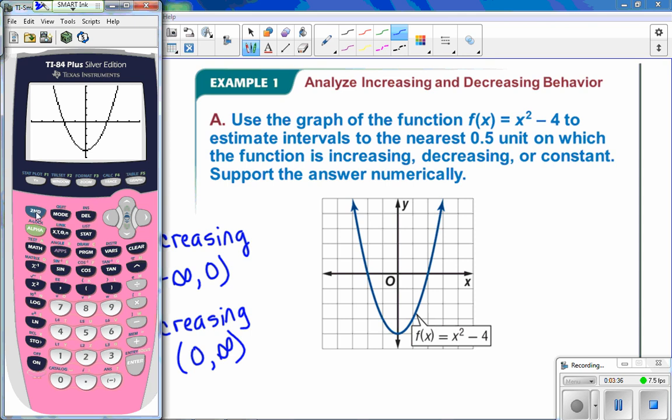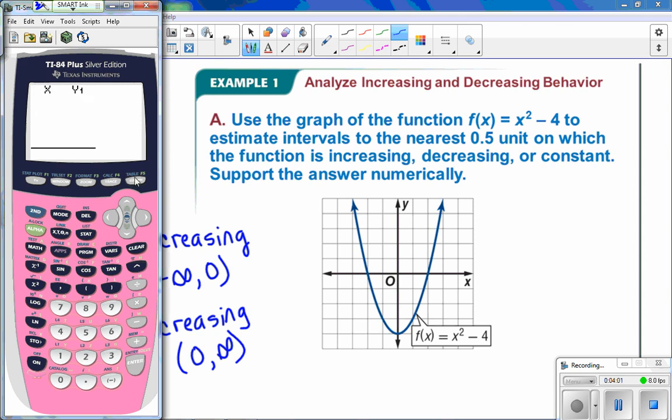So now we're going to create a table to support our answer numerically. I'm going to set my table to start at negative 5 to represent where it's starting on my graph. And I'm going to set my delta table to be 0.5 because they asked me to estimate intervals to the nearest 0.5 unit. Again, setting your independent variable to auto, your calculator will fill those in for you.